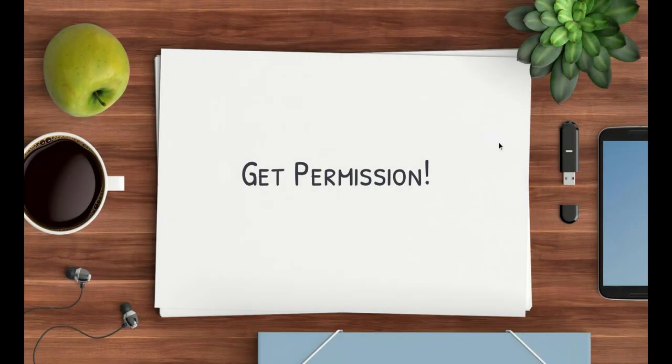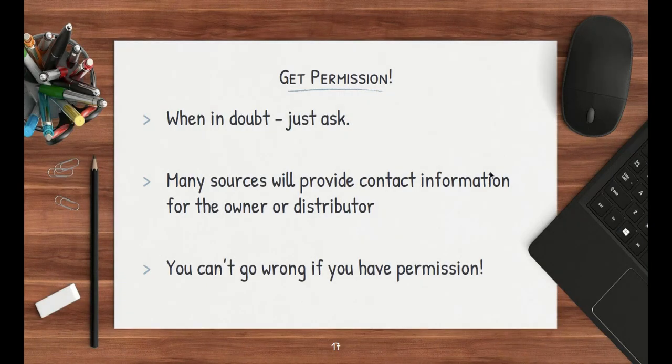Second, get permission. If possible, you can ask the creator. A lot of the time, there will be some contact information for whoever owns or is responsible for distributing a piece of information. And anytime that you have permission from the creator, you are good to go.